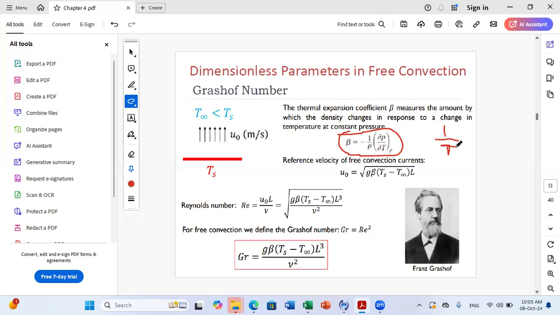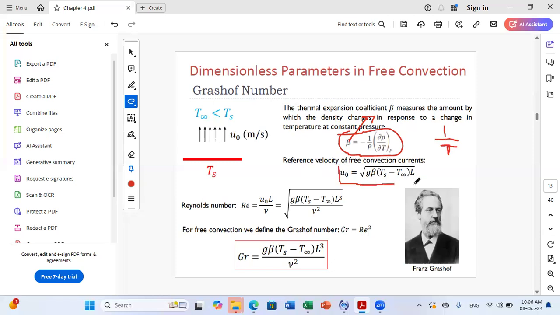Of course, the higher the density change with temperature change, the higher the buoyancy effects, and the better the natural and free convection. So this is why the higher beta is, the better the free convection is. Now we can define a reference velocity for free convection given by the following formula.